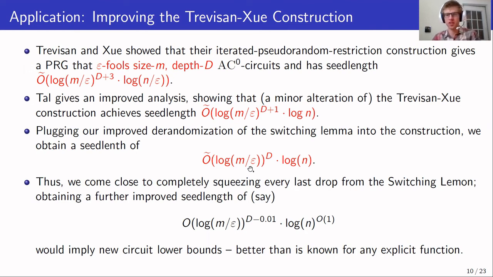They only have a single factor of log(1/epsilon). The total number of factors in both log m and log(1/epsilon) is worse, but they do get just a single factor of log(1/epsilon). So something you could try to get, the best-looking thing based on the switching lemma that I think you could feasibly get, is a seed length of d-1 factors of log m and a single factor of log(1/epsilon). Certainly you could strive for that without proving any new circuit lower bounds.